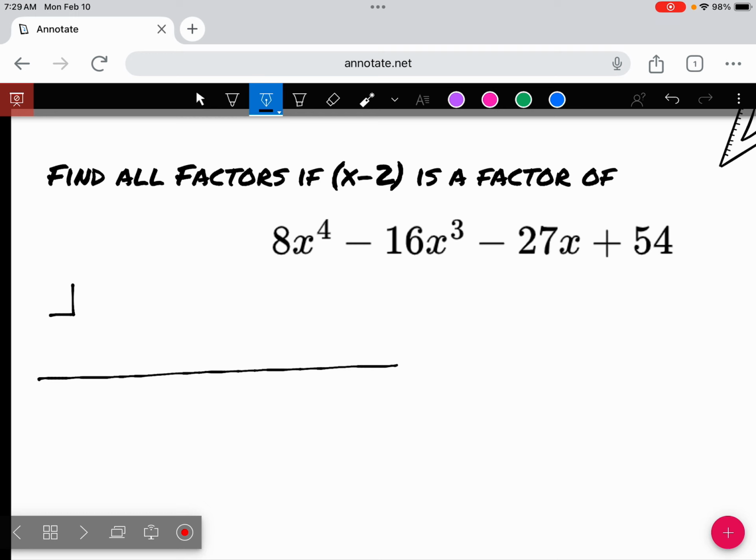So I'm going to put my little structure here. What do we put in this? Walk me through it. So we're going to have our 8, then the minus 16, minus 27, 54.